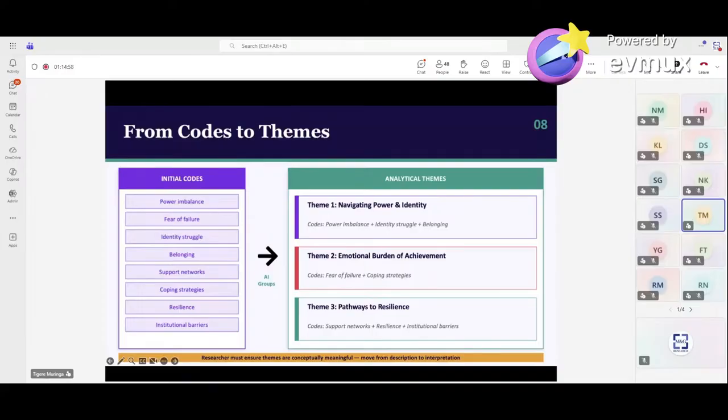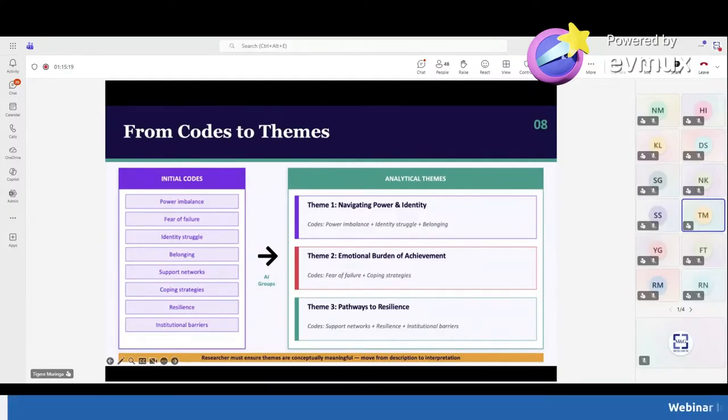So this begs the question: what are the skills that the researcher in the age of AI requires to know? The first thing that you need to know is you should familiarize yourself with the traditional way of conducting thematic analysis, right? Using Braun and Clarke or whatever approach you're going to be using.